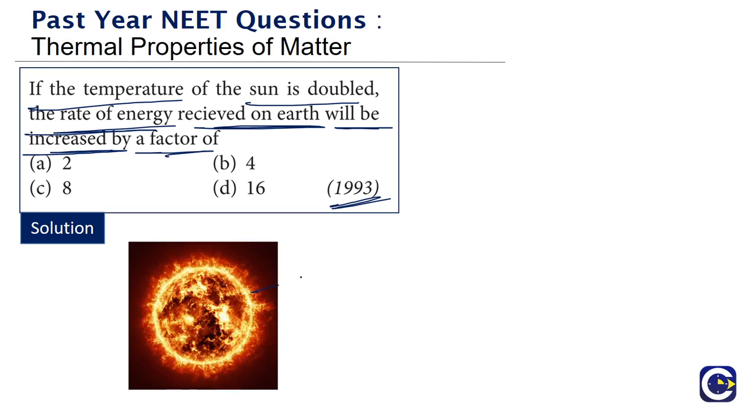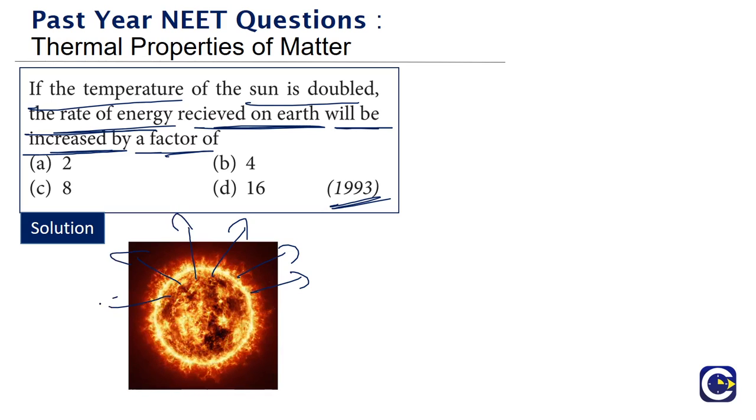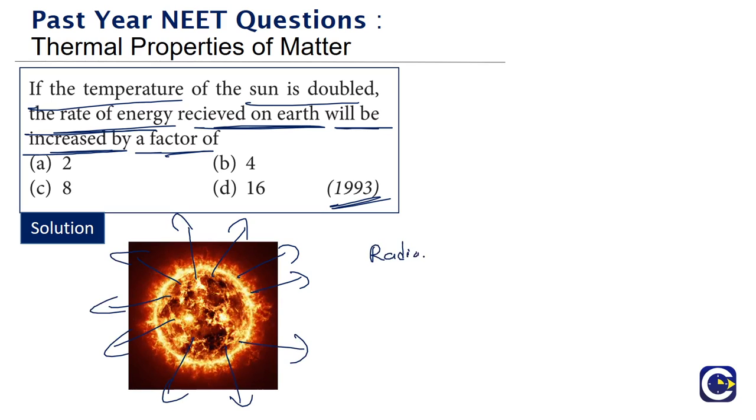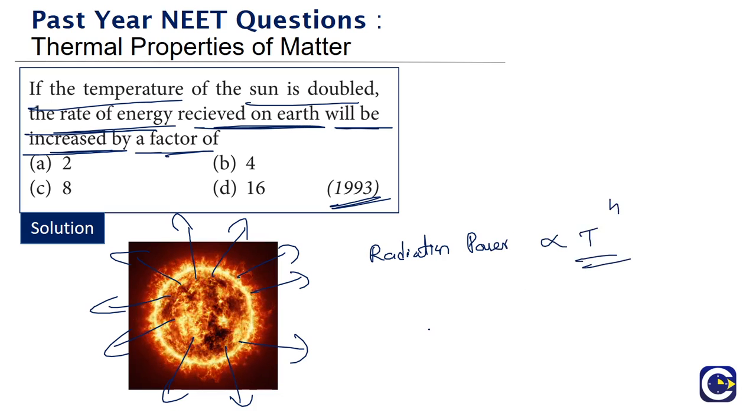So when the sun is radiating, it will follow Stefan's law of radiation. What is it? The radiation power emitted by the sun will be directly proportional to what? Fourth power of temperature of the sun.